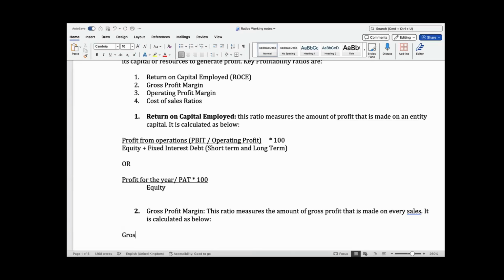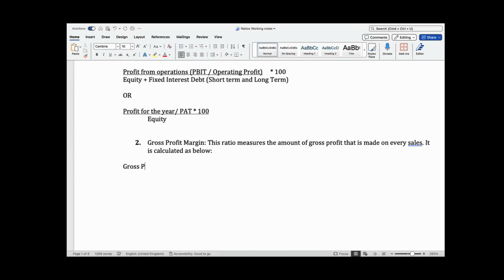It's calculated as gross profit over sales, of course, multiplied by 100/1. So, of course, the higher the better for this ratio as well.